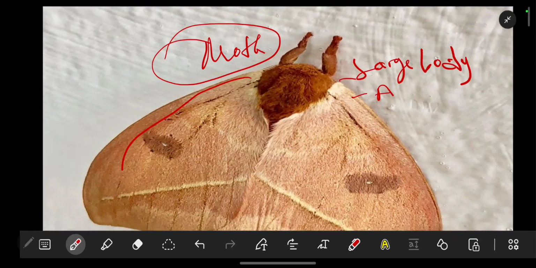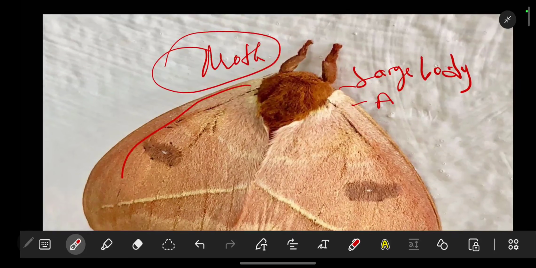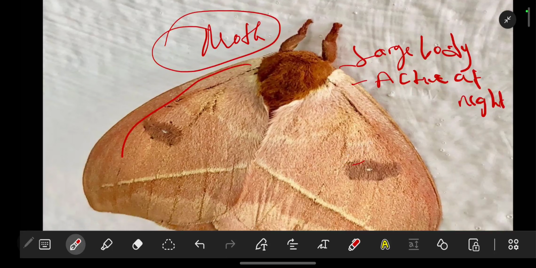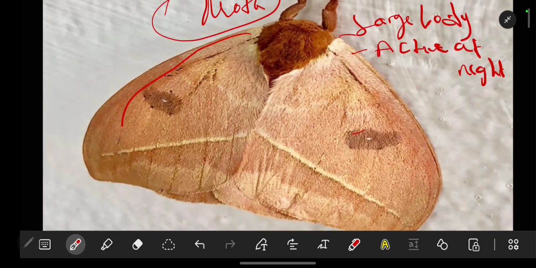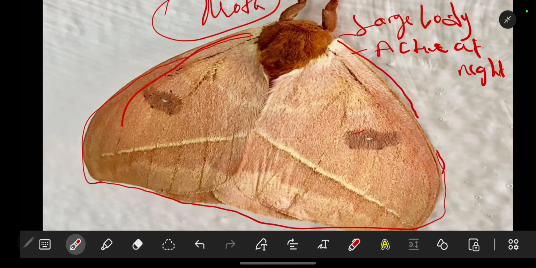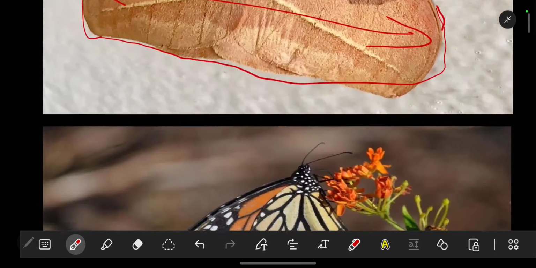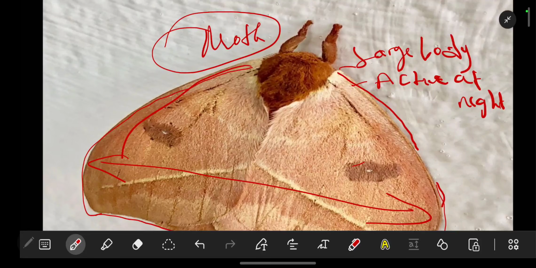You will see it going towards light. The other thing about this moth is that when it is at rest, the wings are horizontal like this. Horizontal is this direction. So that's some of the things.